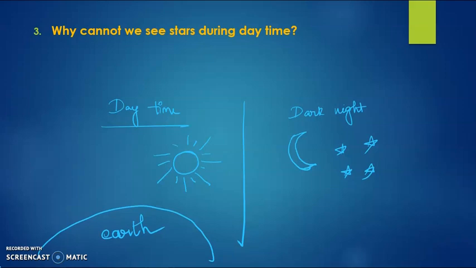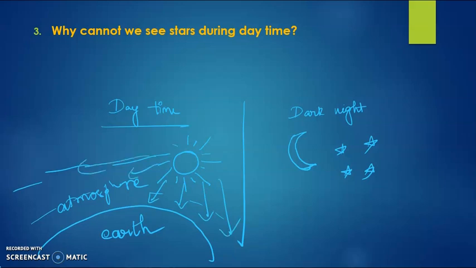They are also present at that time, but here the light scattering capacity of our atmosphere, that means the surrounding atmosphere of our earth, so we can call it the atmosphere, right? The surrounding atmosphere of our earth has a capacity to scatter the light of the sun uniformly.